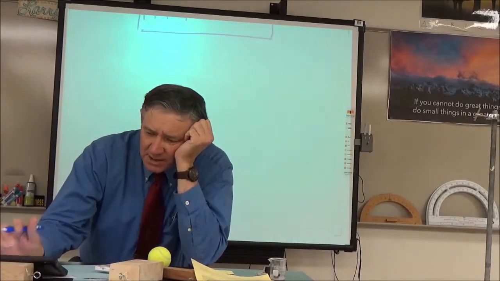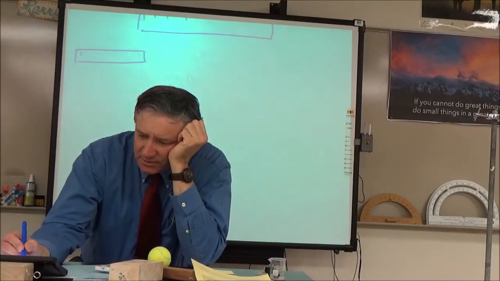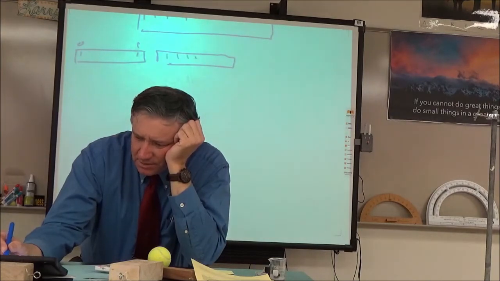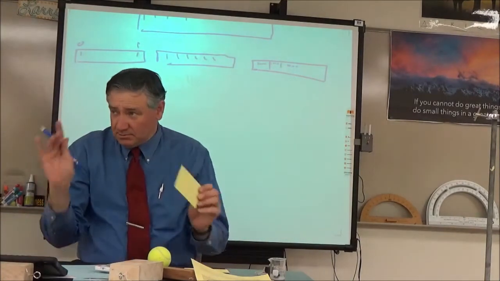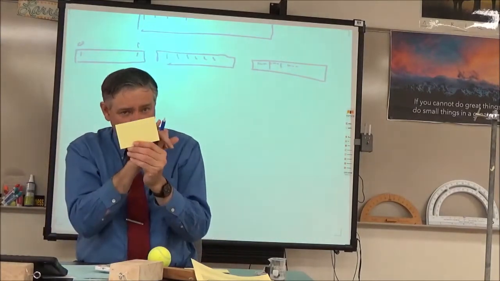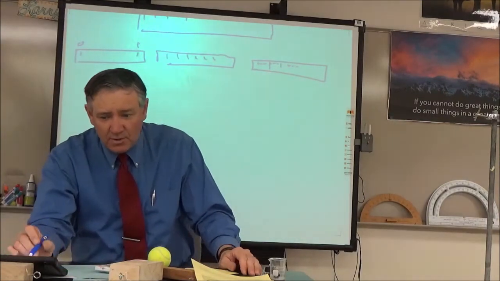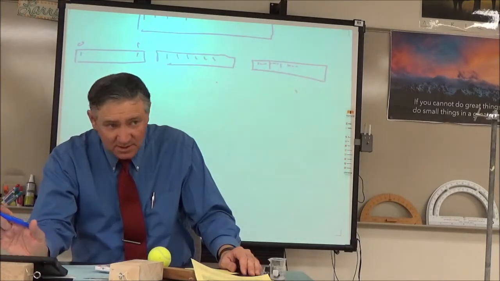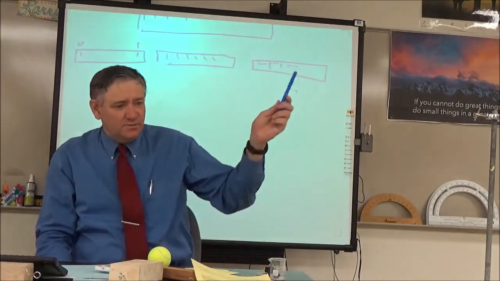And then when you get that done, I want you to come up here and write that down underneath whichever measuring device you think you have. Just take this pen and write it underneath.